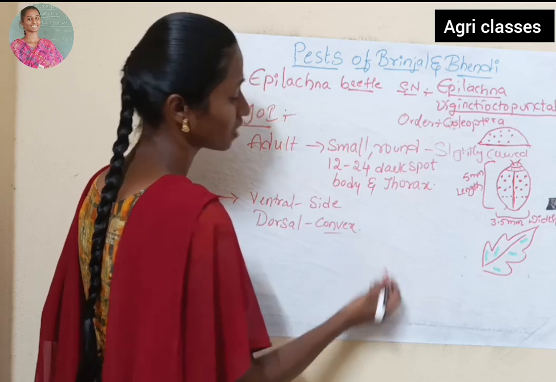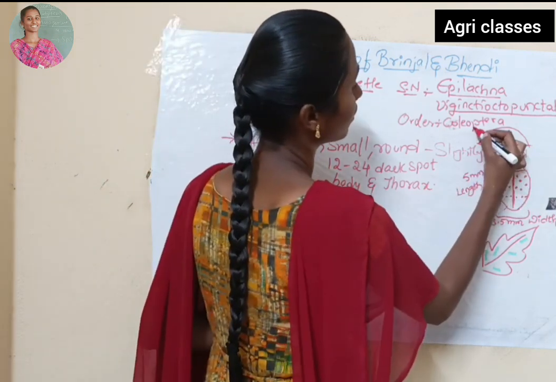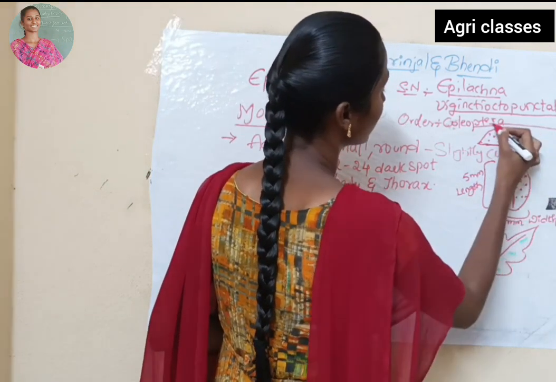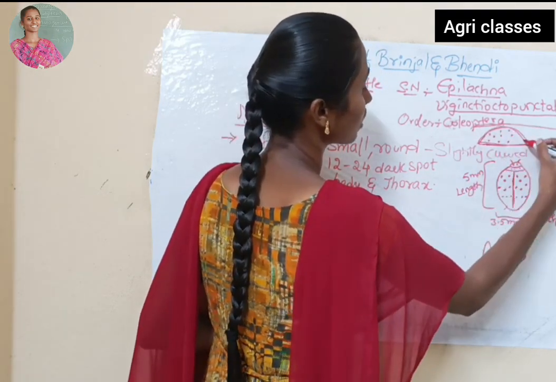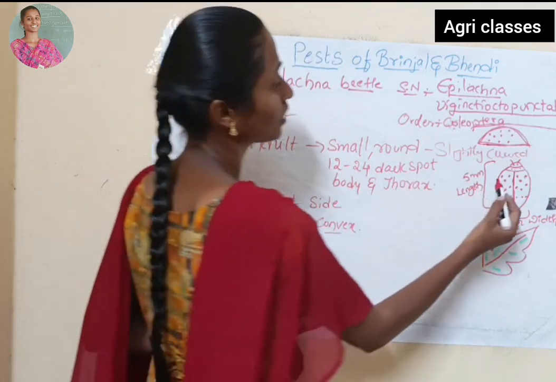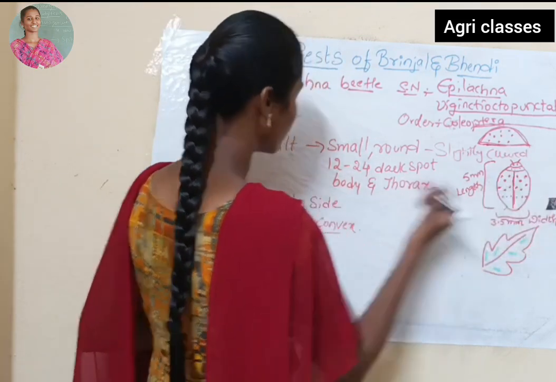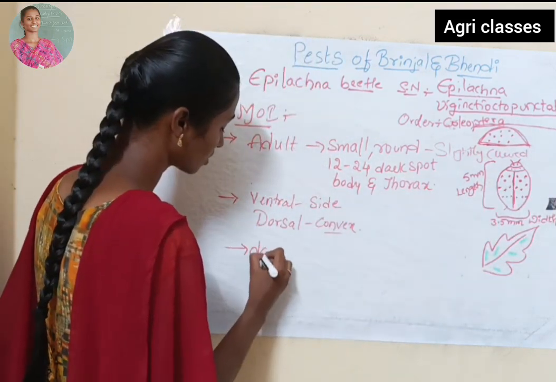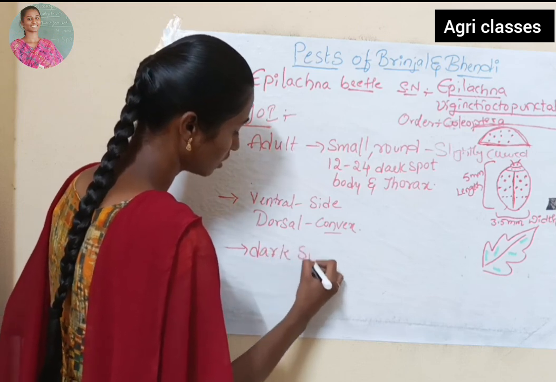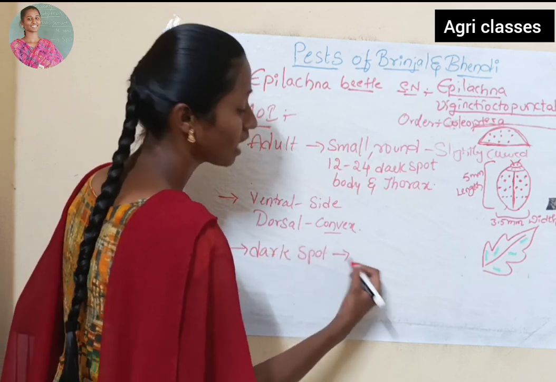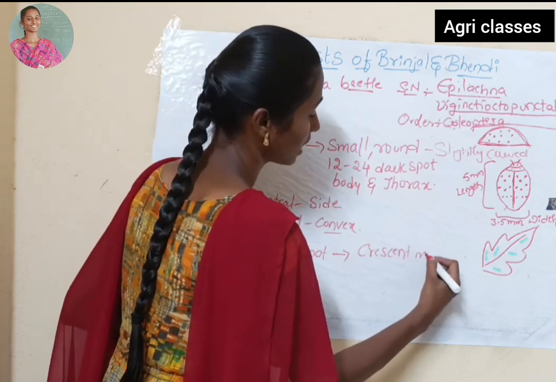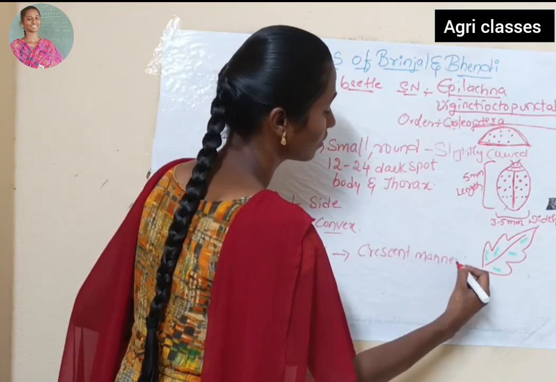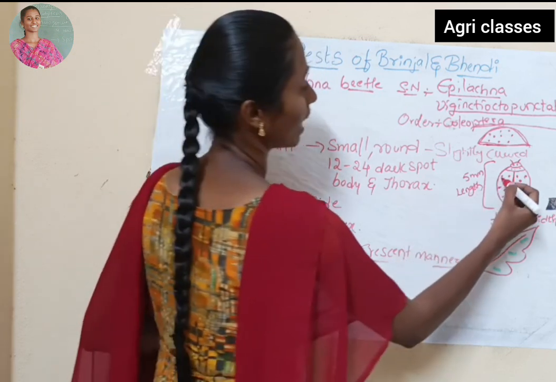So here in the picture we can observe that when we see the adult, ventral side is flat and this is convex shape. Okay, here we can see the spots. These dark spots are symmetrical and they are in crescent manner. Crescent manner is nothing but slightly curved manner. Okay, slightly curved like this.